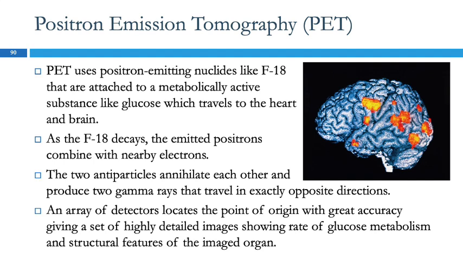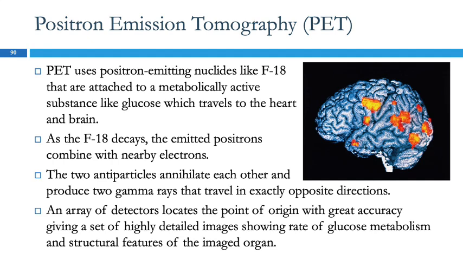You may have heard of a PET scan, positron emission tomography. So this uses positron emitting nuclides. They're attached, like F-18, it's going to be attached to a metabolically active substance like glucose, which will be taken up by the heart and the brain. And then as that F-18 decays, the emitted positrons will combine with nearby electrons, because positrons are the antiparticle of an electron.